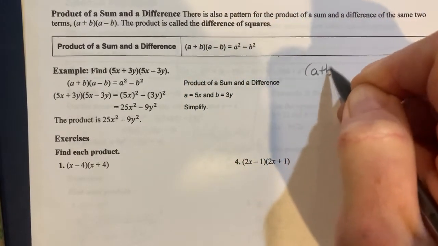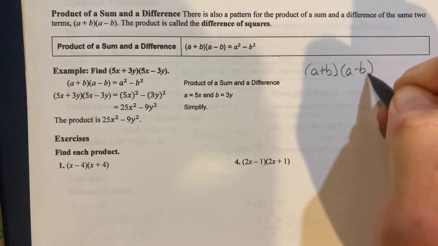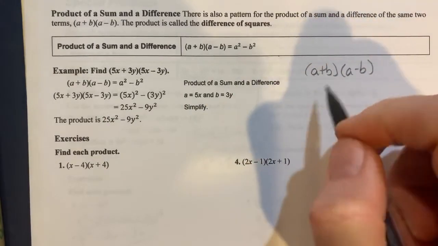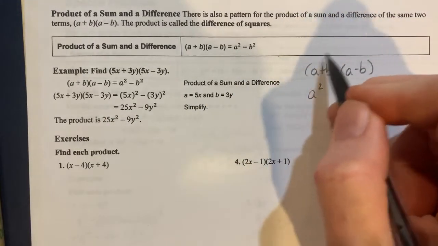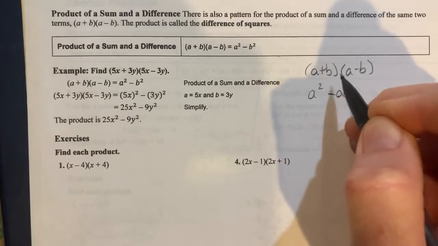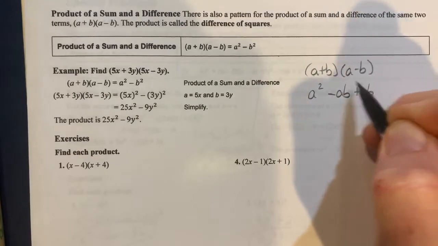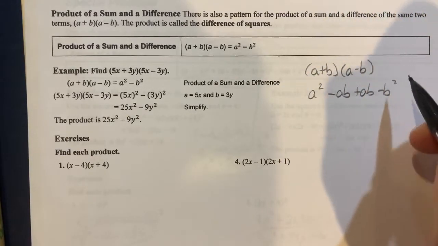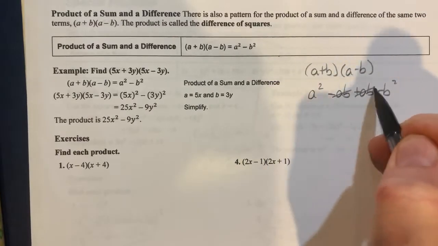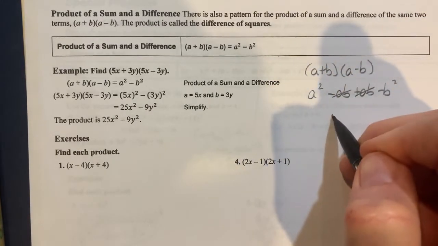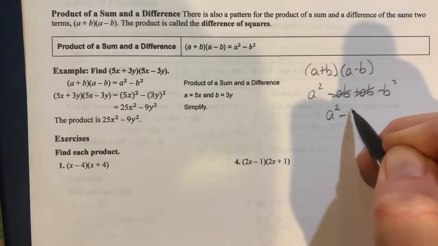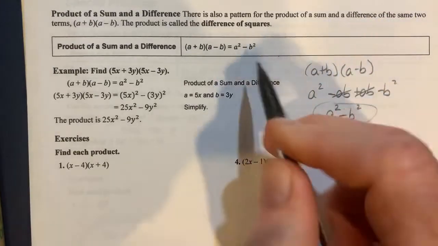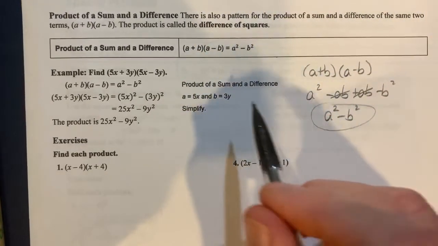If I have a plus b times a minus b, and I FOIL it, a times a is a squared minus ab plus ab minus b squared. The two are exact opposites, the two middle terms, so that leaves me with a squared minus b squared. So that middle term disappears, and that's what we're looking for in this case.